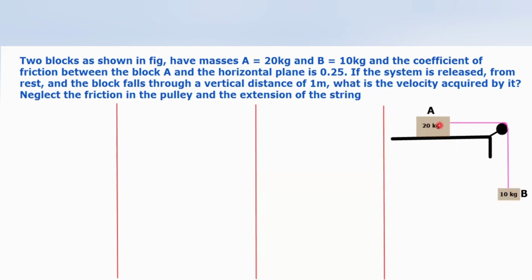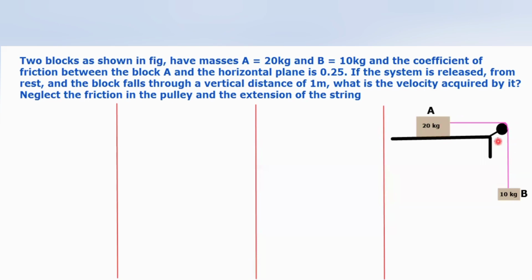And then another object B with the mass 10 kg is connected by a string, and the string is passed over the pulley and connected to the object A as shown in the figure.